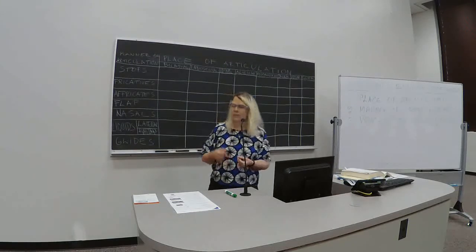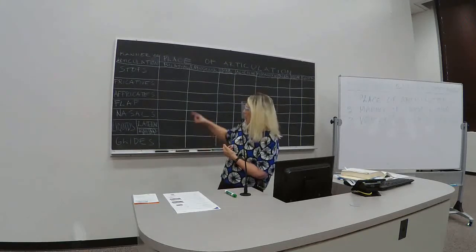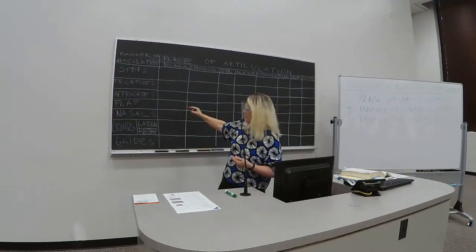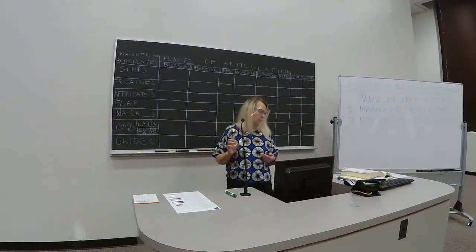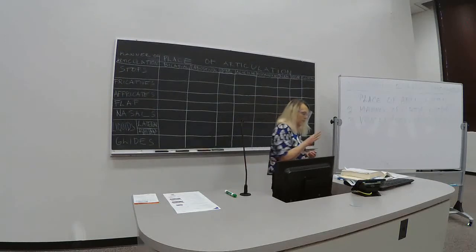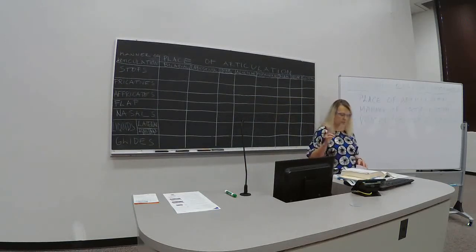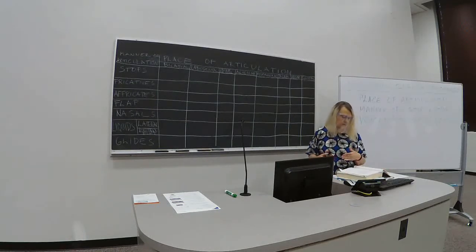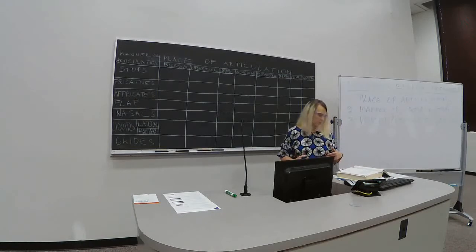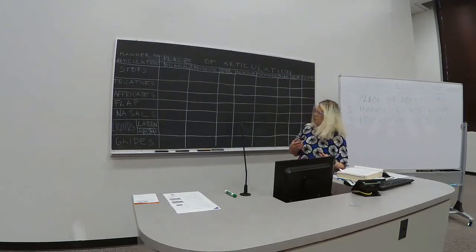Okay, so we've got stops, fricatives, affricates, a flap, nasals, liquids, and glides, and we'll go over every sound from the point of view of these three criteria: manner, place, and voicing. So let's start with bilabials and stops.